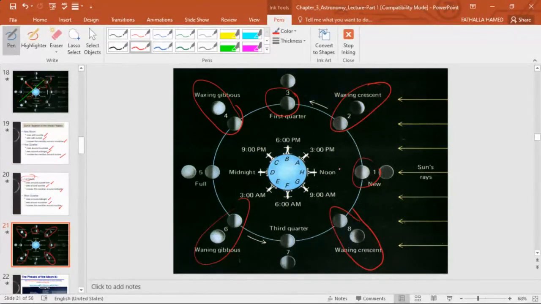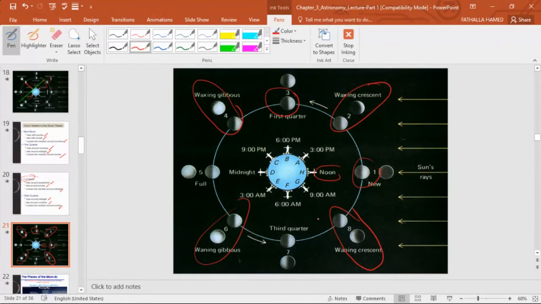And you start with the new moon at noontime, and then you start basically increasing by 3 hours. And we talked about the way you decide on what times the moon rises and what times the moon sets.